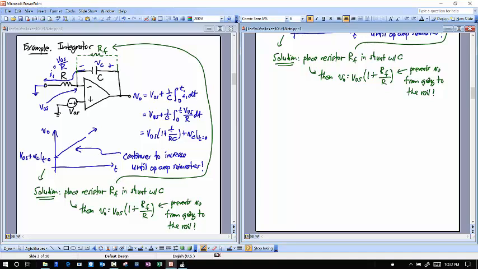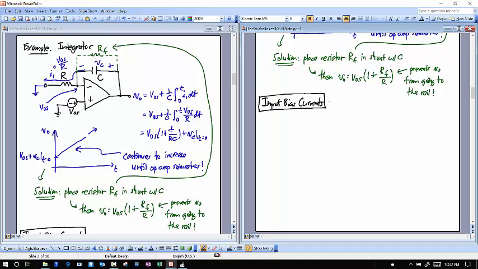But you need to worry about input bias currents.